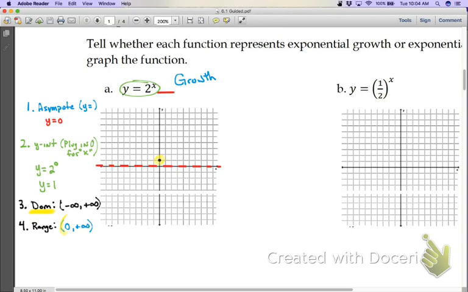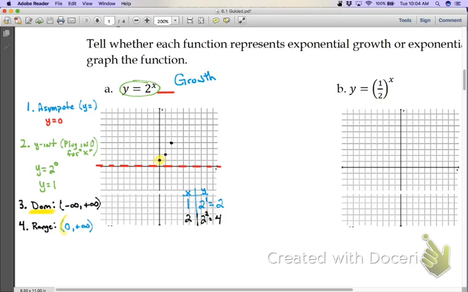If I plug in 1, what is 2 to the first power? It's 2. So I'm going to go over to 1, up to 2, and plot my point. What would be another value? Probably 2. What's 2 squared? 4. So go over to 2, up to 4.